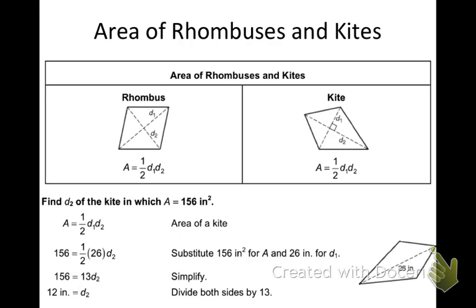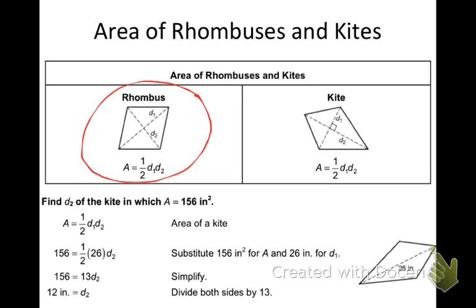Next thing we're going to talk about is the area of rhombuses and kites. The area of a rhombus is 1/2 d1 times d2. Now, what do you suppose d1 and d2 represent? Diagonal. Nice job. Diagonal 1 times diagonal 2.